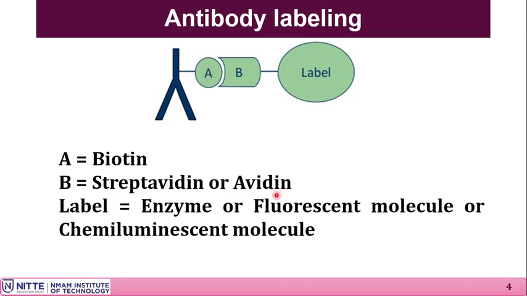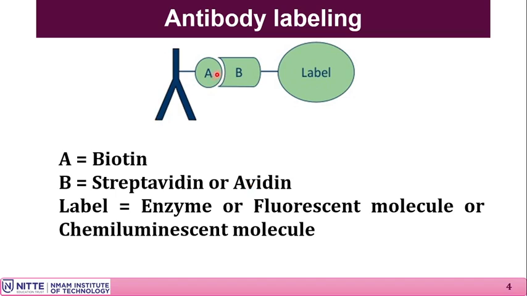Similarly, avidin is another protein molecule, which can be obtained from the hen's egg or bird's egg. The word avidin has come from birds, aves, A-V-E-S. This avidin protein also has strong affinity to biotin, just like the way the streptavidin has the affinity. Either of them can be used to bind to biotin.